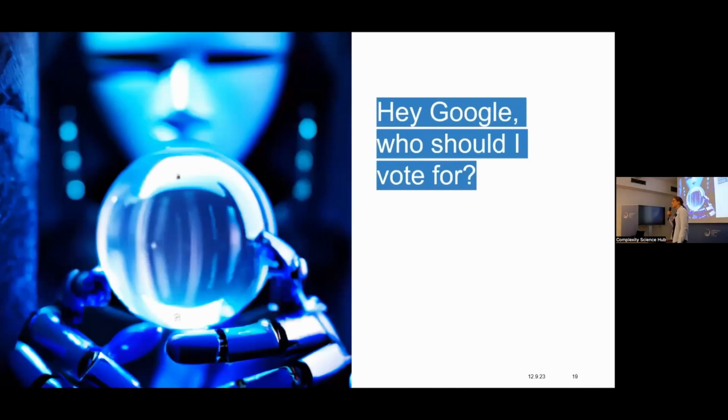So essentially, the question I want to ask is what questions we really should ask to technology, right? Who should I vote for is not a question we have the answer for. We don't have a ground truth either, so we can't really evaluate the output of a voting advice application given that we don't know the answer.